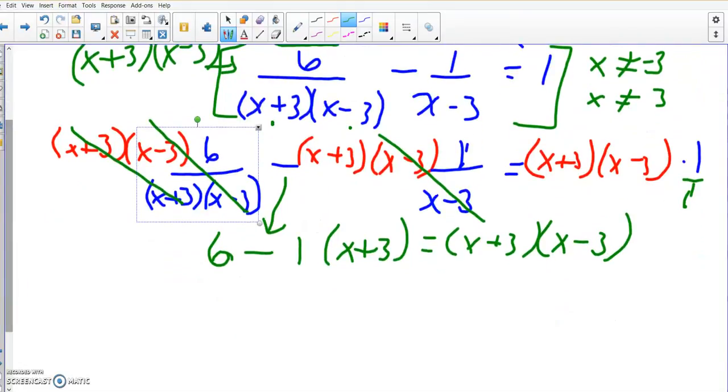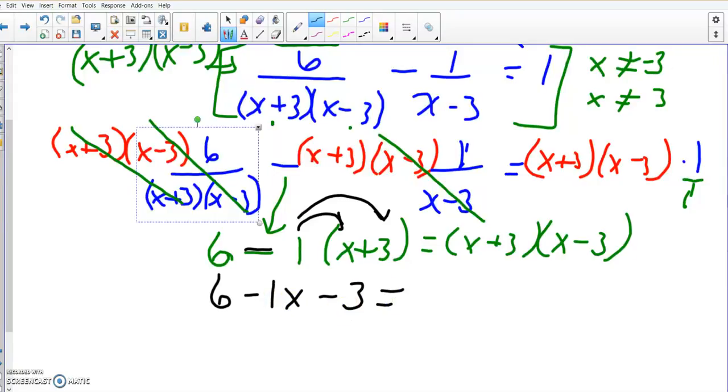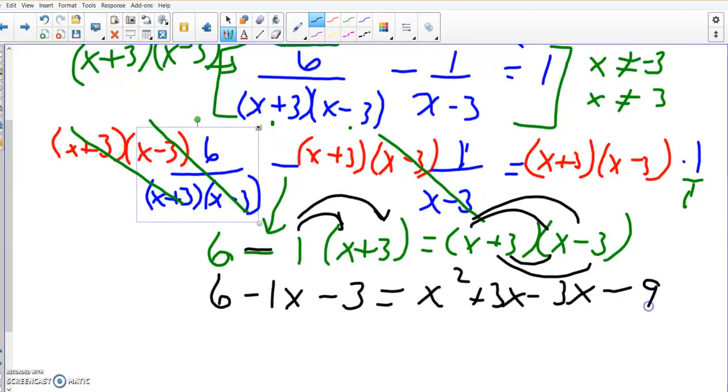So in terms of simplification, here's why I want to take step by step. There's a few little details. First of all, make sure you distribute a negative 1, not a positive 1. Subtraction and negative is one and the same. You'd have 6 minus 1x minus 3 equals, on the right side, this again looks like distribution or FOIL. So x squared plus 3x minus 3x minus 9.